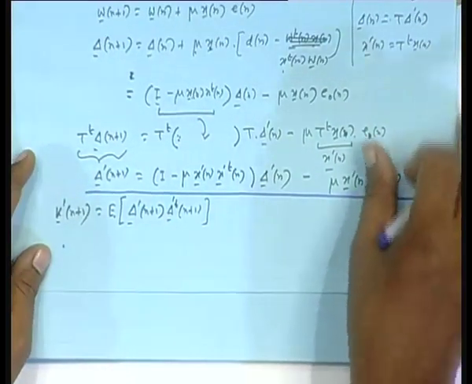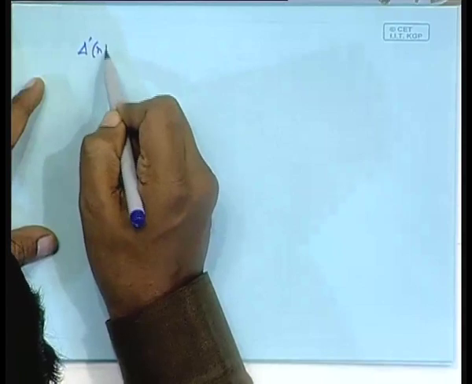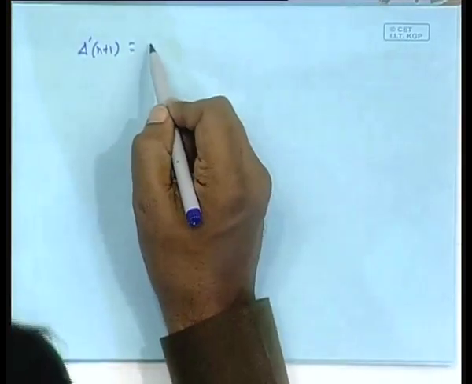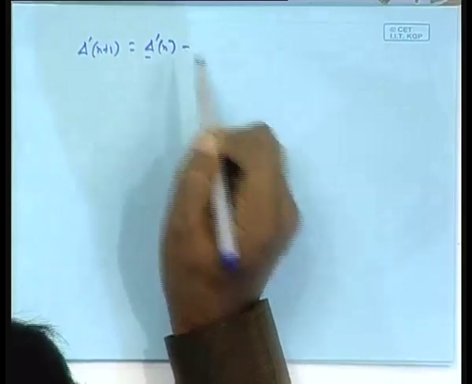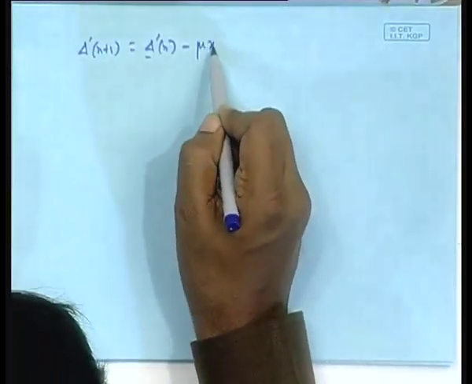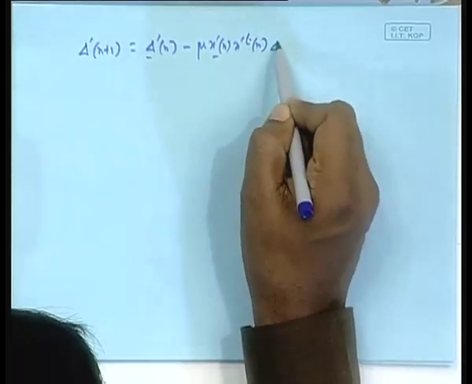If you are not understanding, let me write down the 2 terms. Instead of putting in brackets, for your convenience I am throwing out the brackets. So I into delta prime n, that will become minus mu, this into this and this.